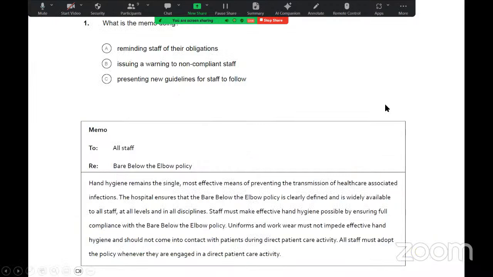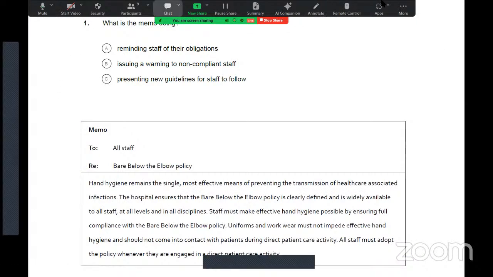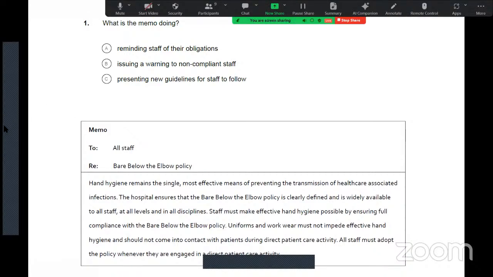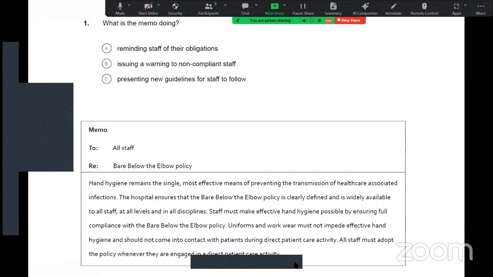Yes, it is the point. What is the memo doing? What is the memo doing? What is it doing? What is the purpose? What is the purpose of the memo?